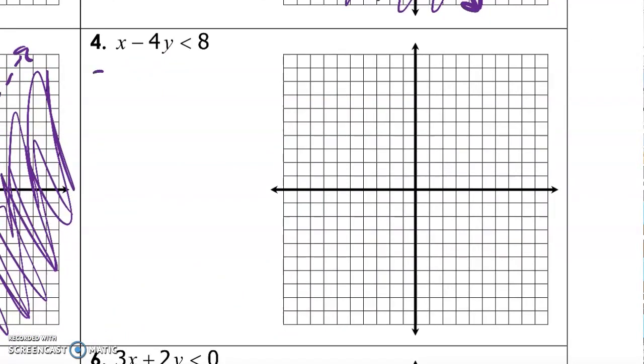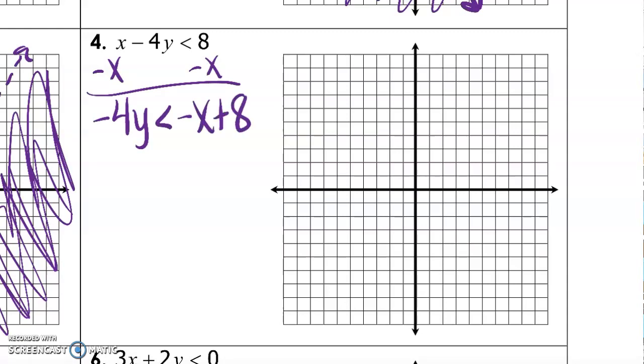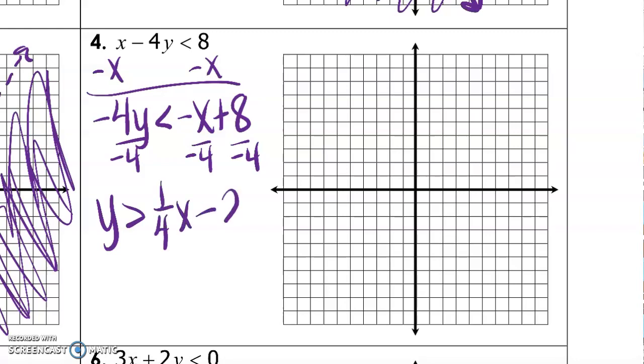Number 4, subtract x. Negative 4y is less than negative x plus 8. Divide everything by negative 4. So I need to get y is greater than. I need to flip the sign. Positive 1/4 x minus 2. So down 2, up 1, right 4, down 1, left 4.